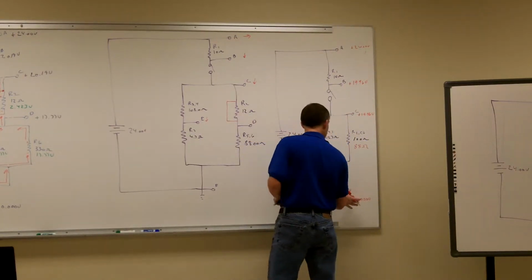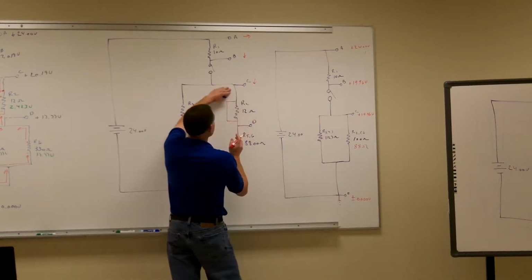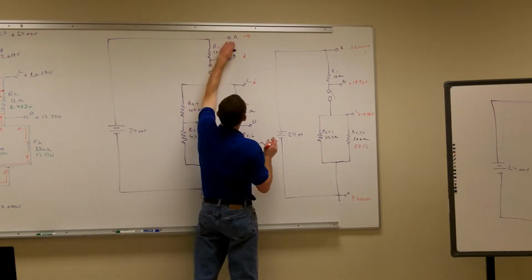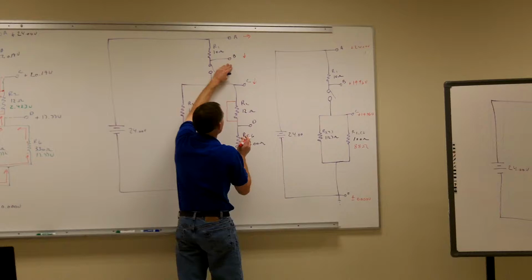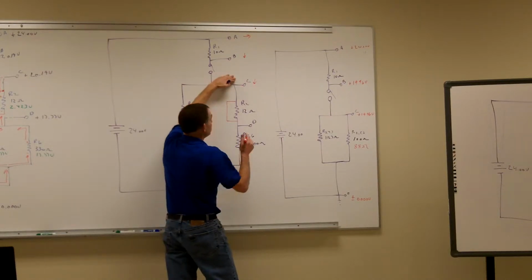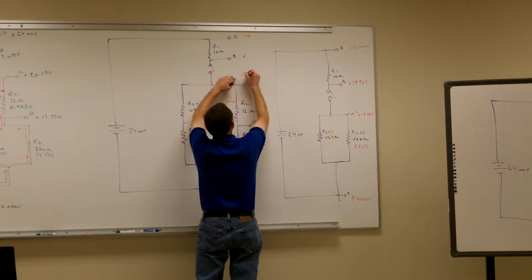So then we're going to kind of bring our way back. So then we know that A is still going to be at plus 24 volts. B is going to be at our 19.96 volts. C is going to give us 19.96.